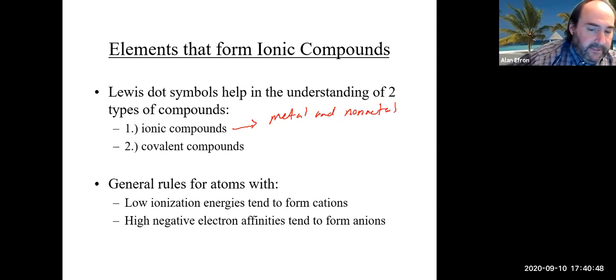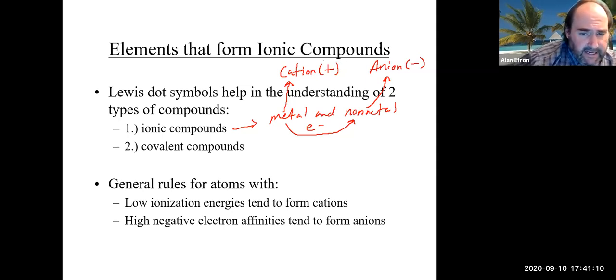What happens in this situation is the metal will transfer that electron over to the non-metal, resulting in our metal becoming positively charged, or a cation, while the non-metal, which says thanks very much, picks up the electron, now has extra negative charge, and becomes an anion. It is that electrostatic attraction between these 2 that holds it together.